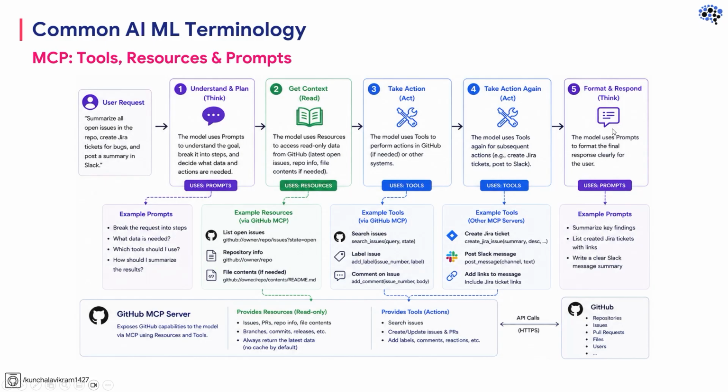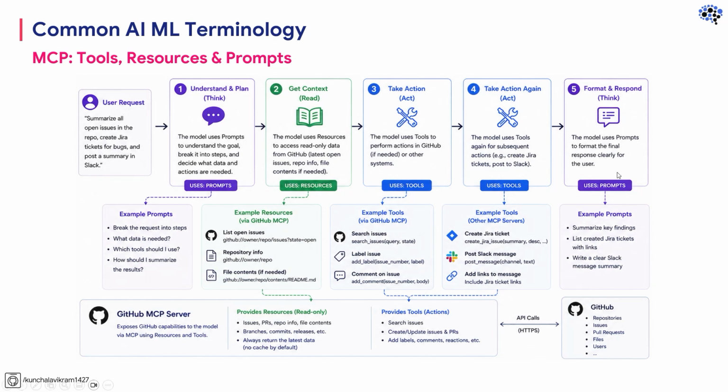So here there is a prompt that says how to post the response in Slack. This is one of the prompts, explaining to list created Jira tickets with links and write a clear Slack summary. So there is a prompt explaining how an AI agent should post a message to the Slack channel once the issues are created, right?